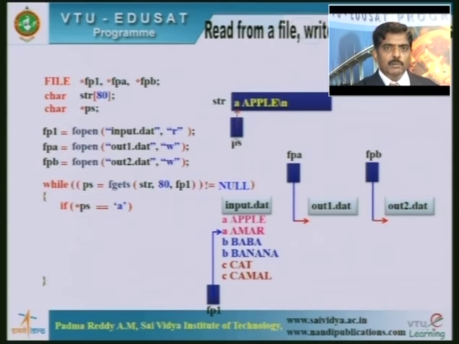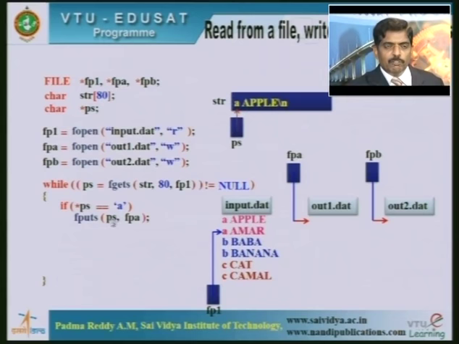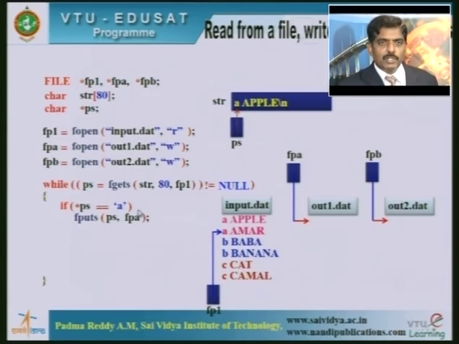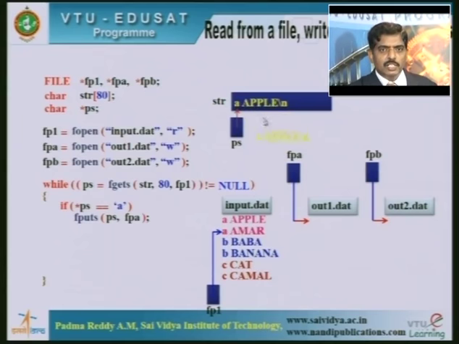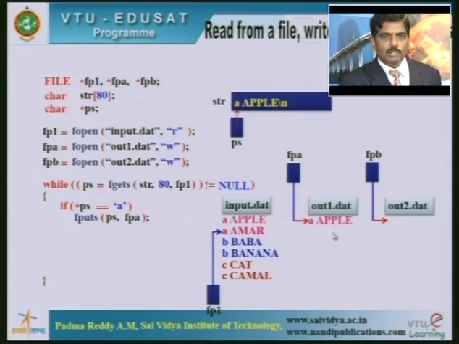A. Yes, ps is pointing to A. If ps is pointing to A, then we send this str, apple, to fpa. Data is read from where ps is pointing, and that should be written into fpa. So this is read from the memory and it is copied here.